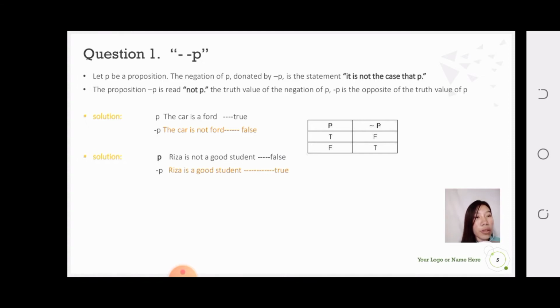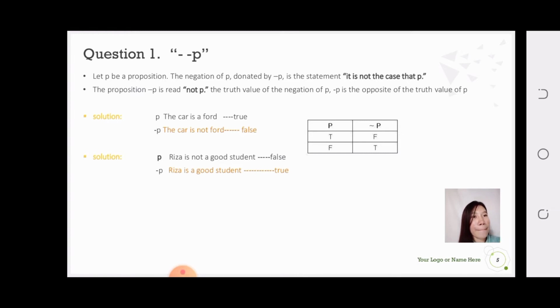My solution: Riza is not a good student. False. And then, the negation of P, Riza is a good student. And then, the truth table is P, negation of P: true, false, false, true.